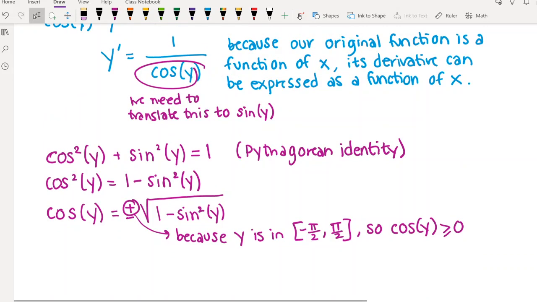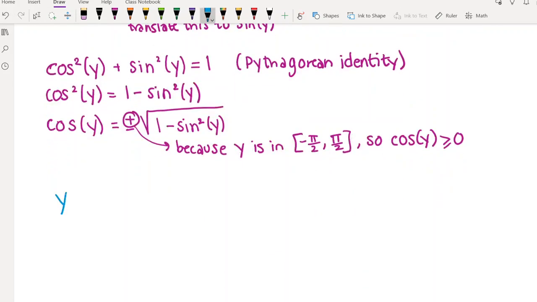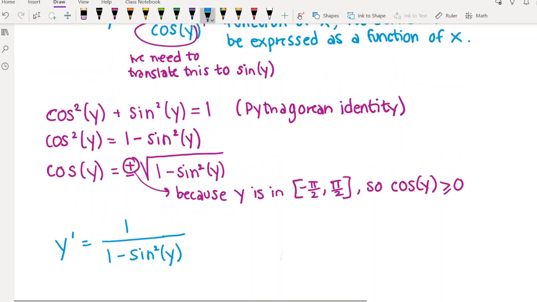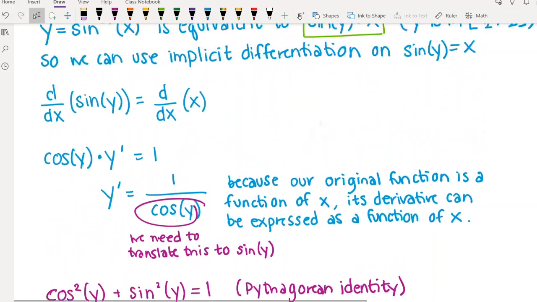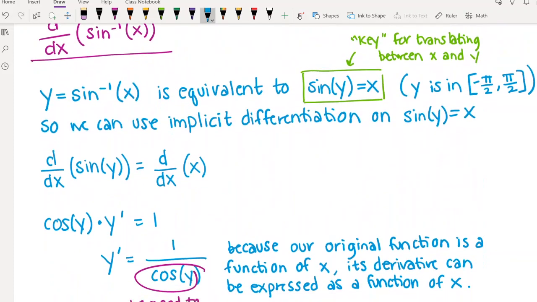Now we can take our equation up here and rewrite it as y prime is equal to 1 over 1 minus sine squared of y. And then we can go back to our key up here. Our key told us that sine of y is equal to x.